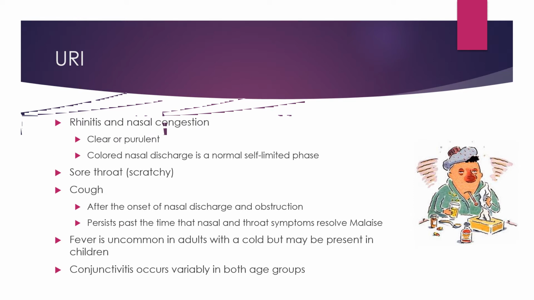So as we're talking about the common cold or upper respiratory infection, these symptoms are due to the immune response to the infection more than from the virus itself on the respiratory system.